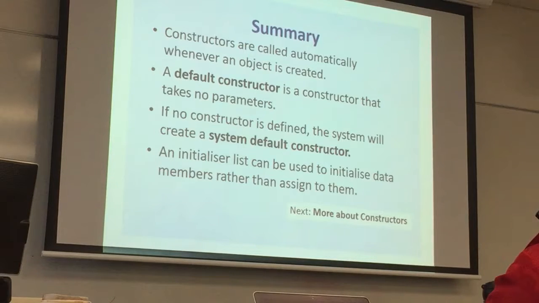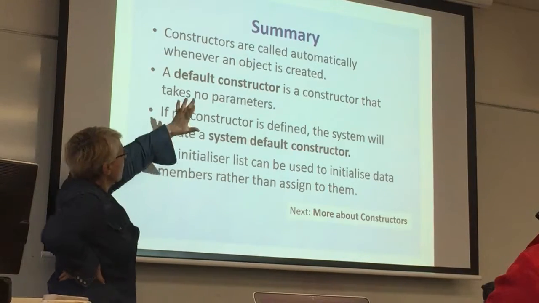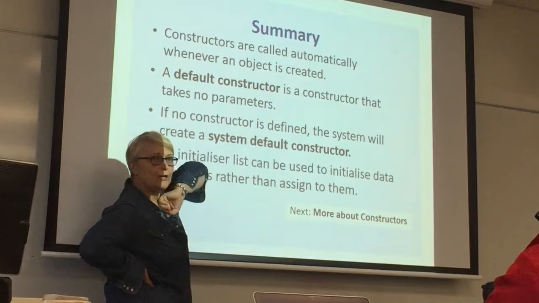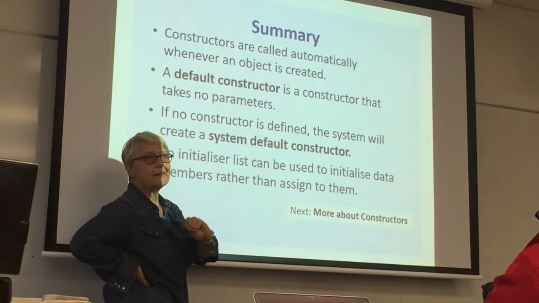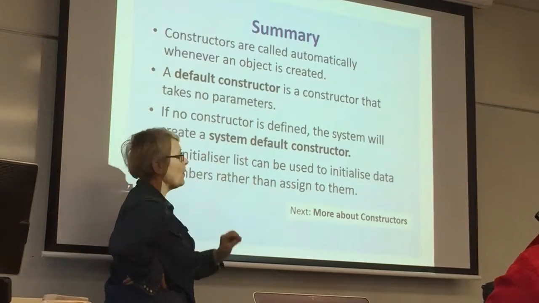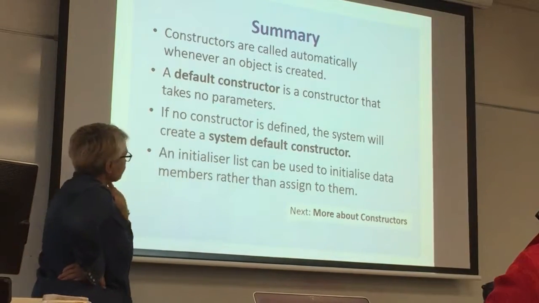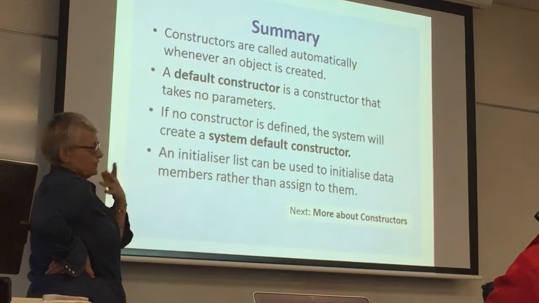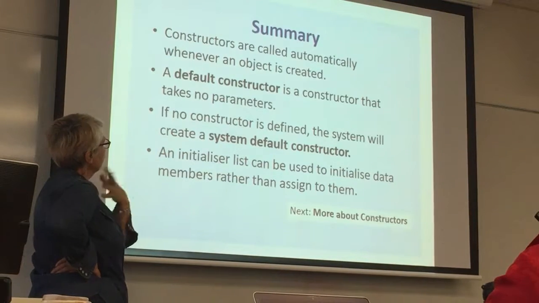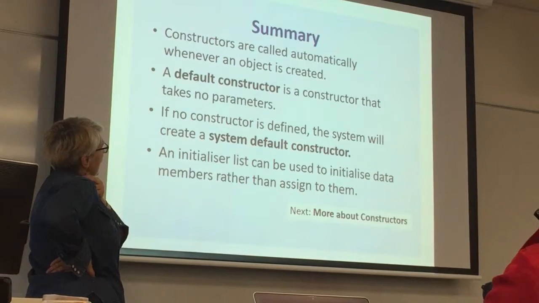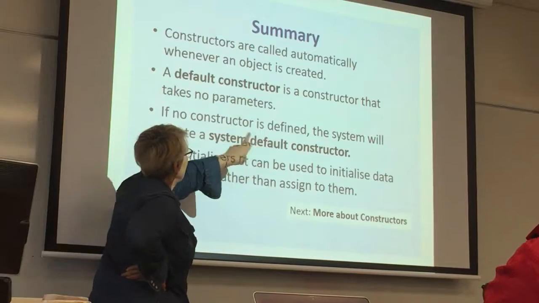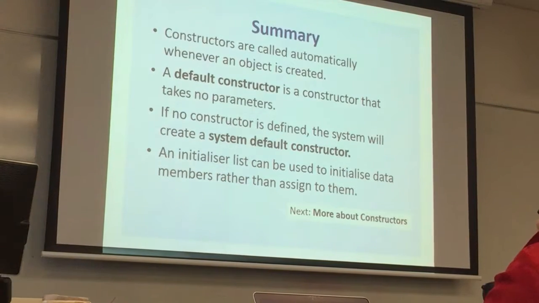Constructors are called automatically when objects are created. We have looked at two constructors: the default constructor, which is the one which can be invoked with no arguments, and the user-defined constructor, where we have two arguments, for example. If no constructor is defined, the system uses the default constructor.